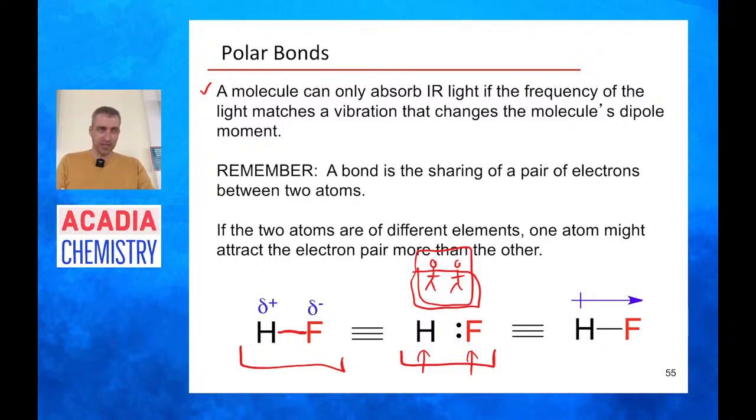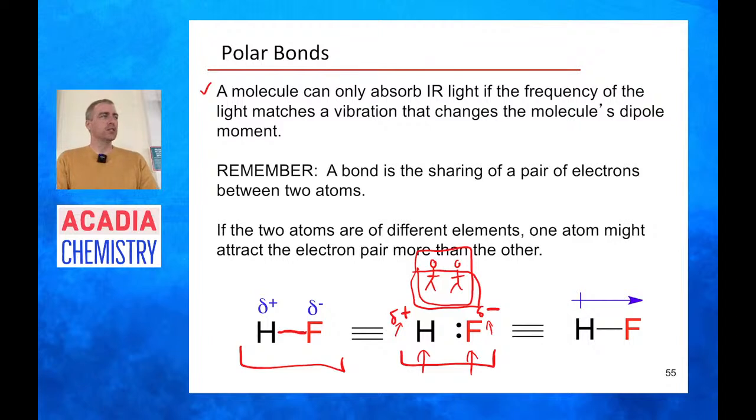As a result, because electrons have a negative charge, the fluorine develops a negative charge and the hydrogen develops a positive charge. Not a full negative charge, so we give it this little delta symbol. The delta symbol means sort of partial. So this gets a partial negative charge, the hydrogen a partial positive charge.